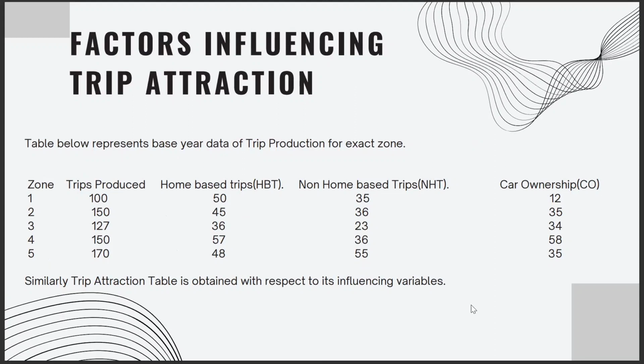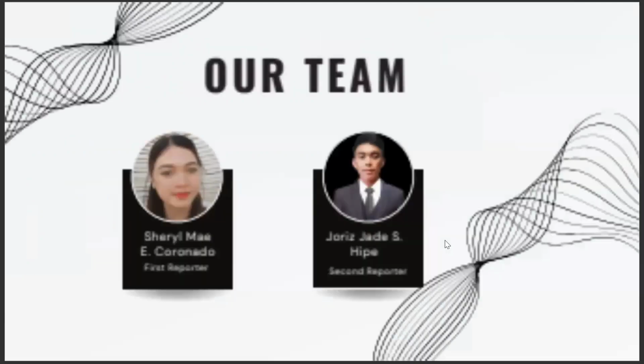So here we can predict the numbers for every zone. Similarly, the trip attraction table is obtained with respect to its influencing variables.